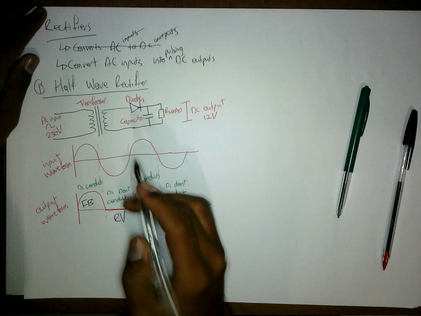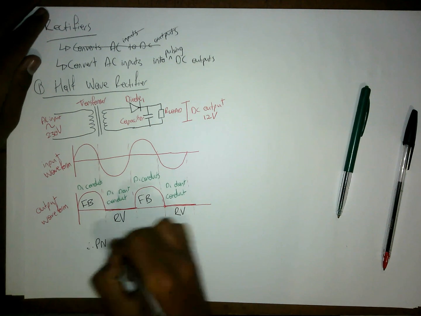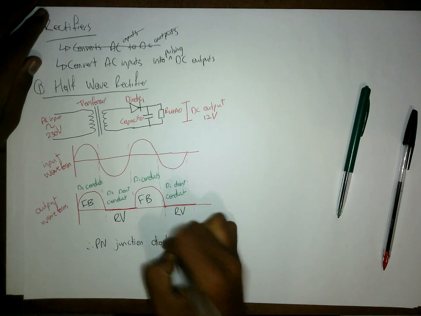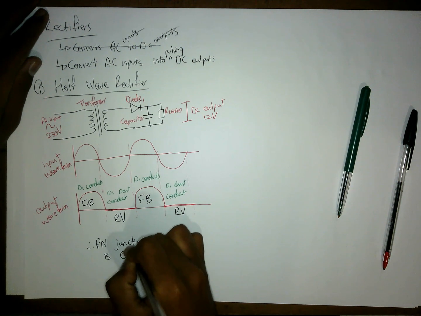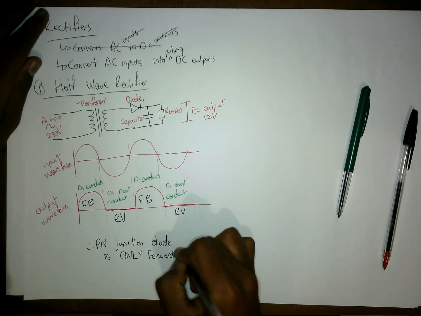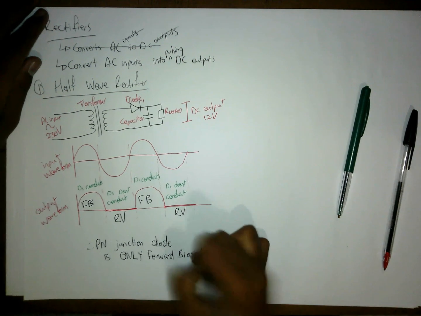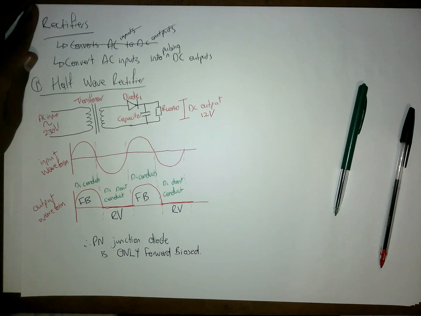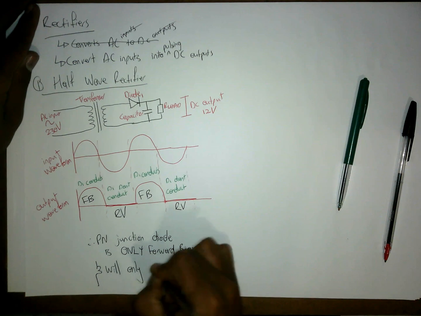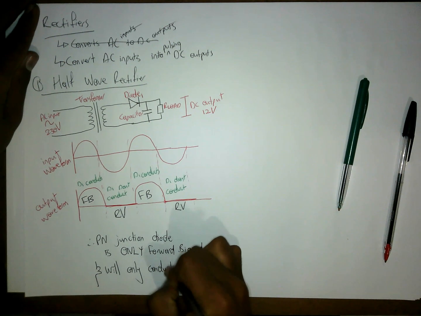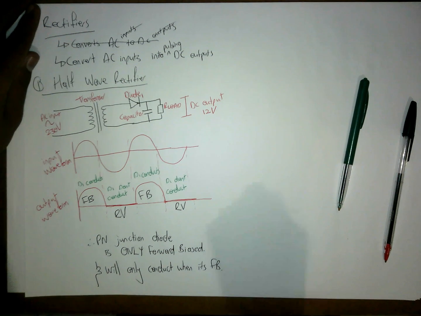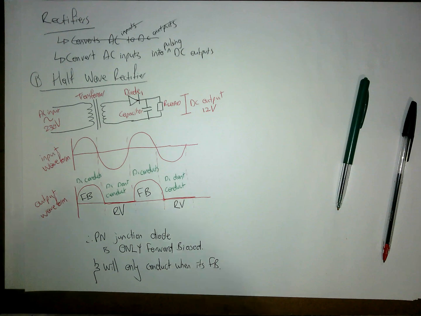So we know that our p-n junction diode is only forward biased and will only conduct when it's forward biased.